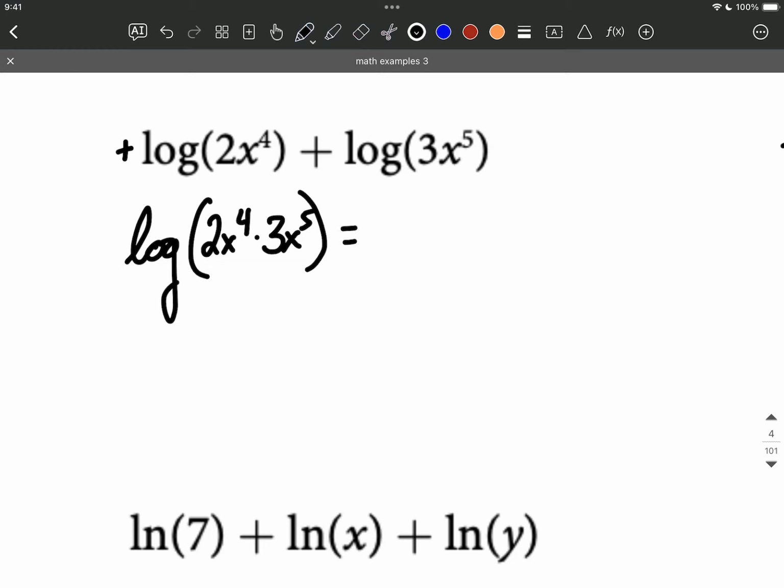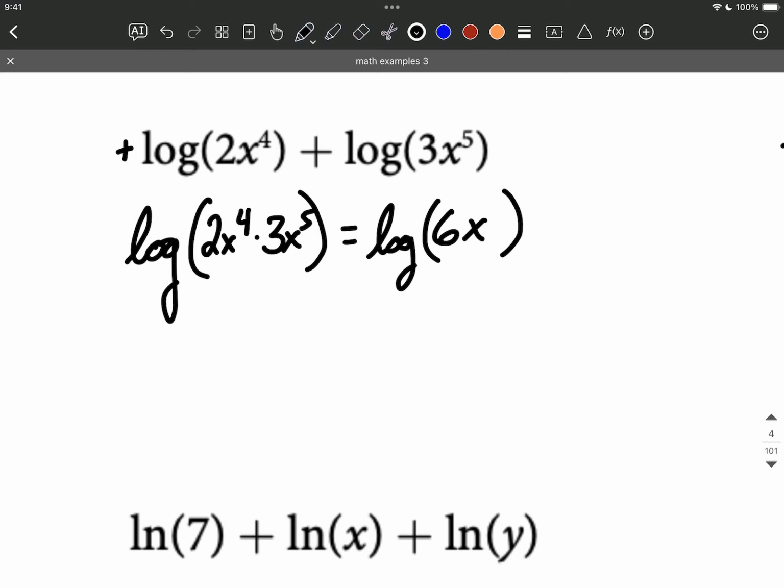The simplifying down we can do here is we can go common log of, go ahead and multiply our constants together, right? 2 times 3 makes 6. And then our x's, we have x to the 4th multiplied by x to the 5th. So that's a total of 9 x's being multiplied together. So we'll use x to the 9th power going on here.